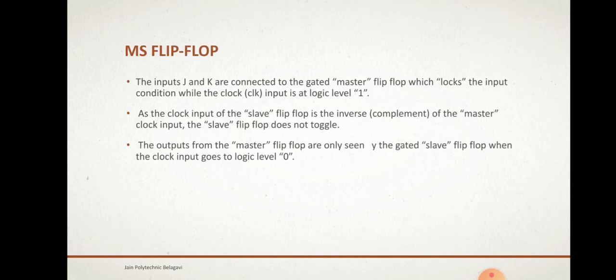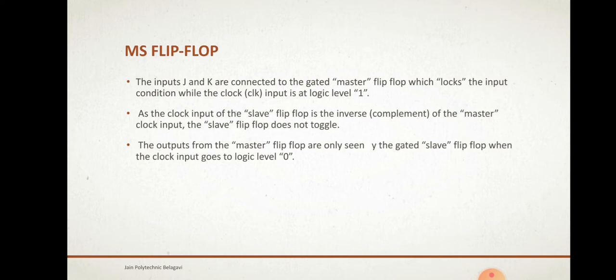So J and K are connected to the gated master flip-flop which locks the input conditions while the clock input is at a logic 1, when you are providing the clock at 1. As the clock input of the slave flip-flop is the inverse complement of the master clock input, the slave flip-flop does not toggle.